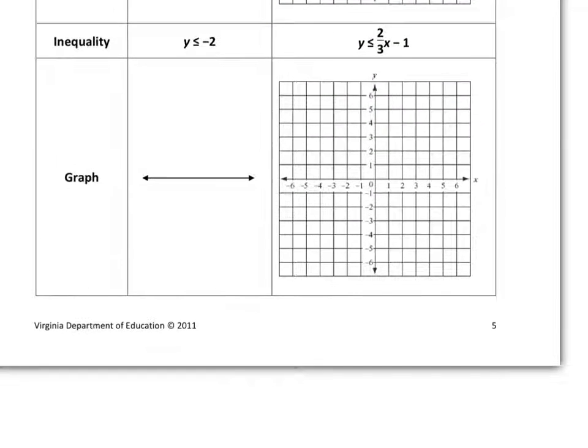It means all the points on this side must be true. Okay, so let's try another one. So here I have y is less than or equal to negative 2, okay? So again, this is something that we've seen before. Okay, so less than or equal gets filled in because we're including it, and it's to the left, okay? So here we have less than or equal to, so I know that my line is going to be a filled in line, okay?